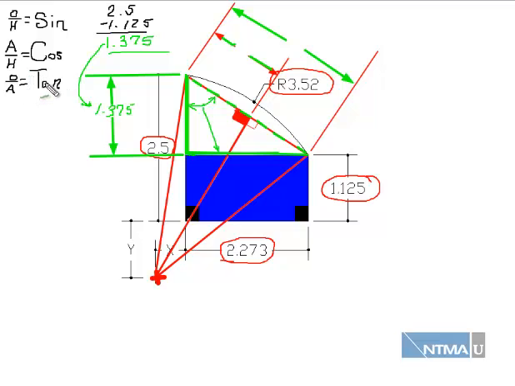All right, now I'm going to convert back to black, just so that it's easier to see when I go to write this out. All right, so the opposite side, okay, we're drawing this down to here. Keep in mind I'm taking it from this side here. That's going to be 2.273.